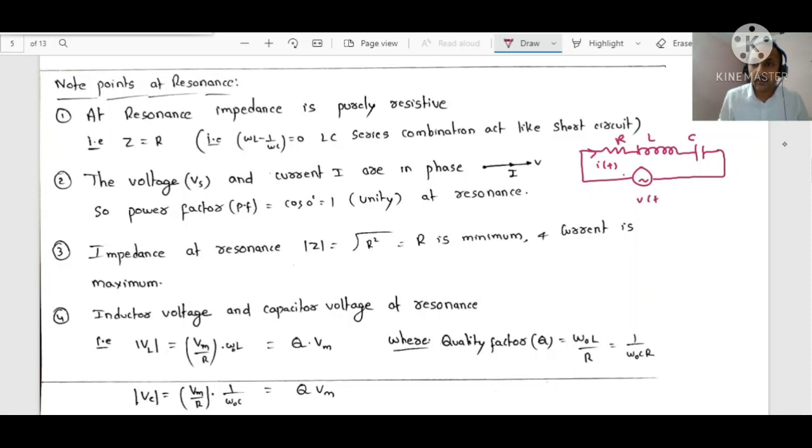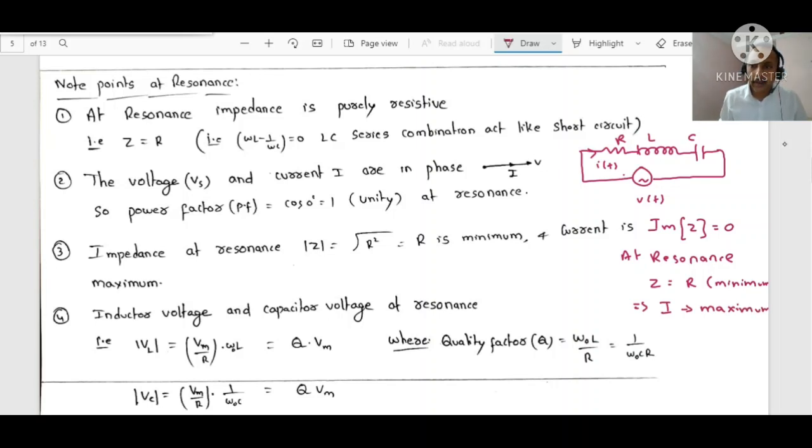The first condition is that the imaginary part of the impedance is to be made equal to 0 at resonance. Z equals R, which is minimum. That implies the current will be maximum.